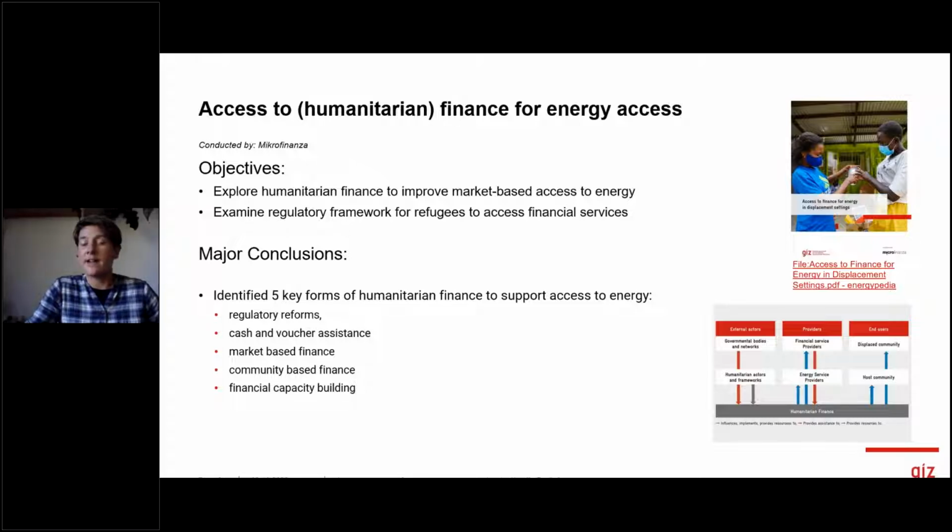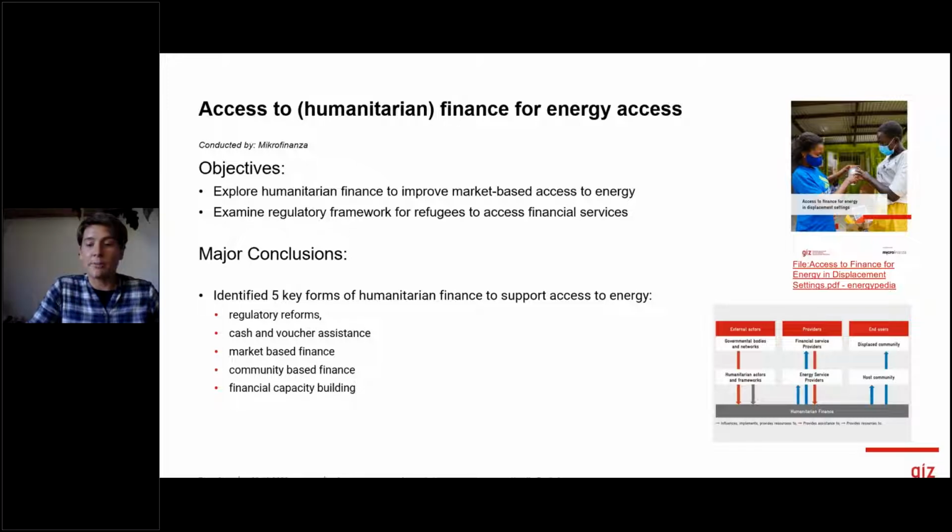And the second objective here was how is the regulatory framework for refugees in particular to actually access different financial services? So there have been very specific recommendations for our 3 country contexts, and 5 key forms of humanitarian finance have been identified that can actually support the market-based access to energy.